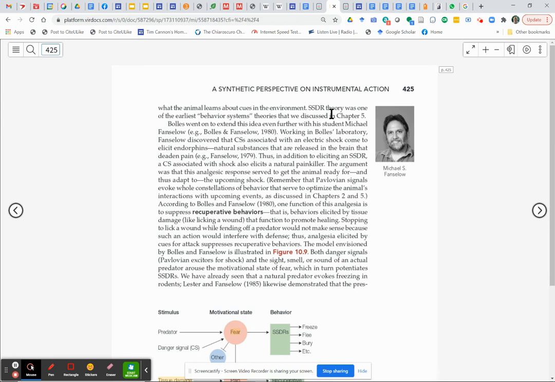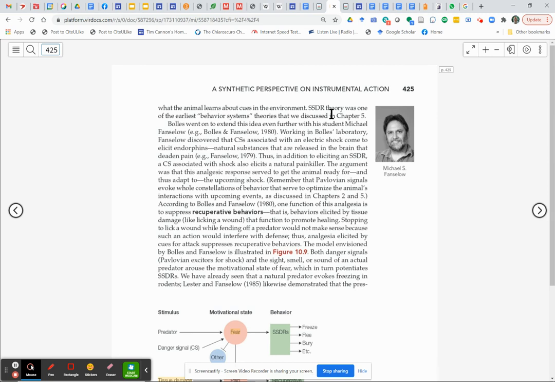And Fanslow talked about SSDRs and behaviors that you do at different times. If you've been injured, you pay attention to your injury, you favor it, you lick it. But if you're in the middle of trying to save your life, you can't play that game.